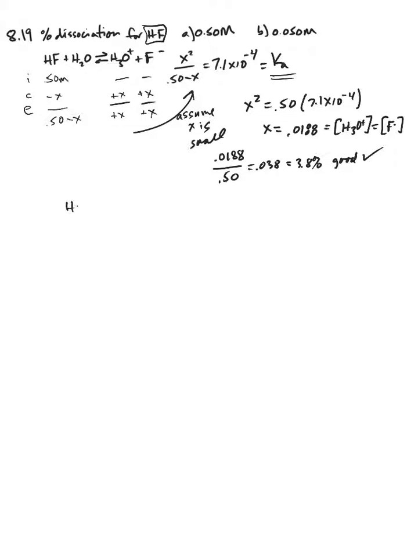Do we find anything interesting if the concentration is changed to be 10 times more dilute? A lot of this is going to be repeated from what I did above. You start with your ICE table and the initial concentration of the acid. A little bit of it dissociates, and we're going to create a little bit of protons and a little bit of fluoride ions.